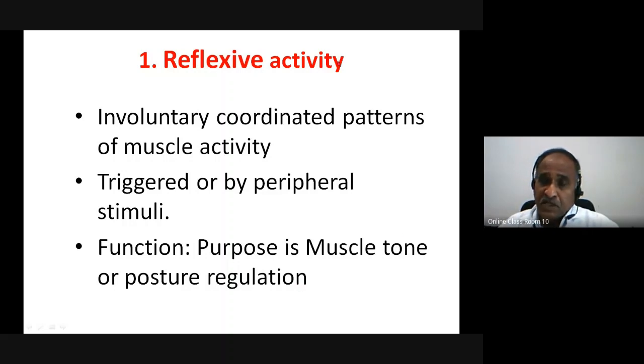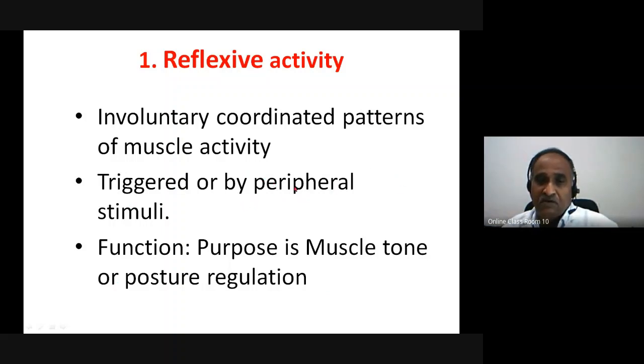So even the reflexive activity generated by the semicircular canals, you try to orient in a different space, different motions, the linear or gravitational motions or vertical motions. So now these are all triggered by the muscle length or some other inputs.